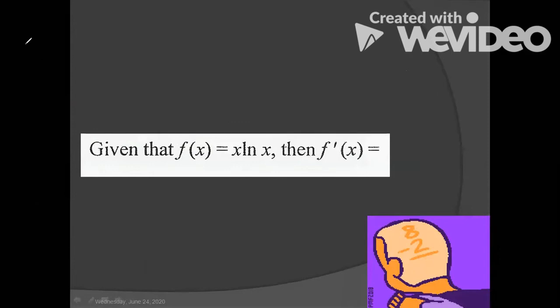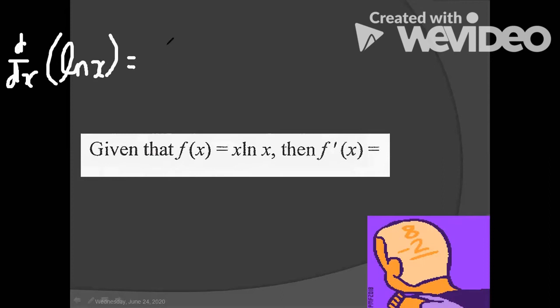When we differentiate ln x, and ln x represents natural logarithms, we get 1 over x. But look at this expression, it's not just ln x. Look carefully. What's beside it? There's an x beside it. So in other words, we're going to have to use what we call the product rule.